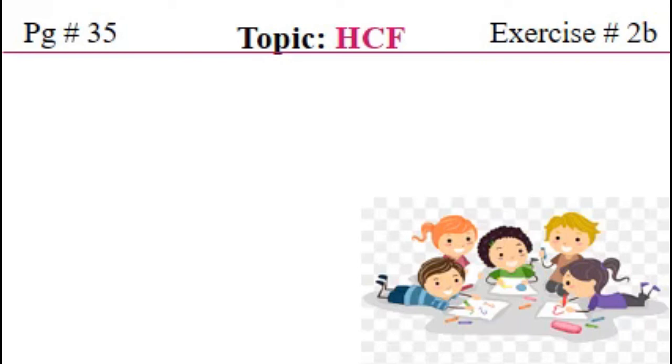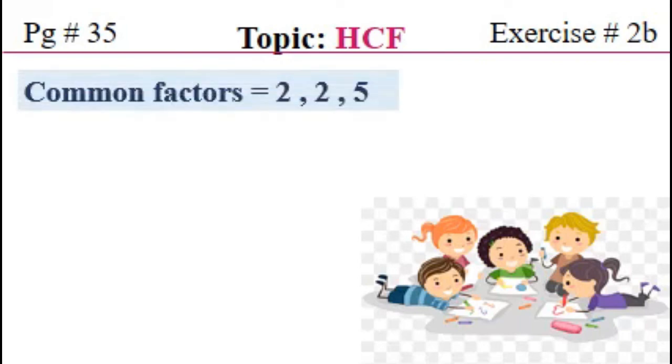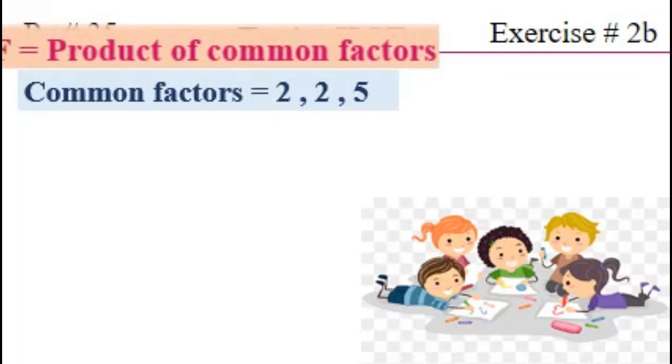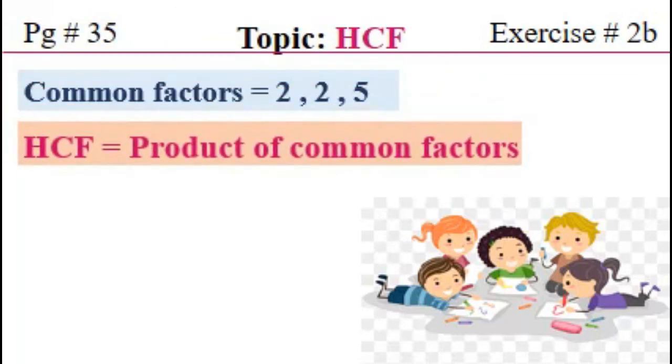So what are the common factors? 2, 2 and 5. And according to the third step, we are supposed to take the product of the common prime factors to find out the HCF. So HCF is equal to the product of common factors. So here we can write down that HCF is equal to 2 multiplied by 2 multiplied by 5.